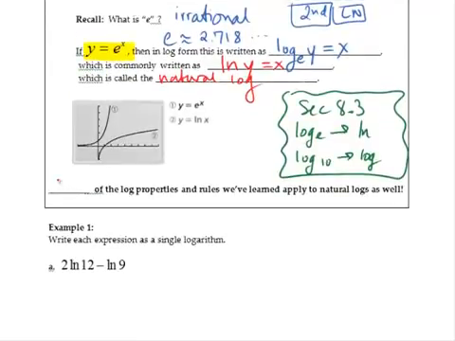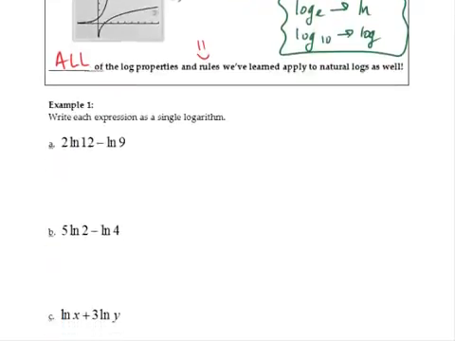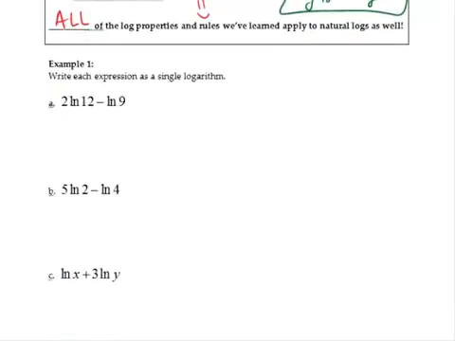And the good news is that all of the log properties that you've seen so far apply to natural logs the same way. So for example, when you're asked to write logs as a single log, the same rules about powers in front apply. So here's a power in front. It comes on top of the 12. So you have ln of 12 squared minus ln 9.